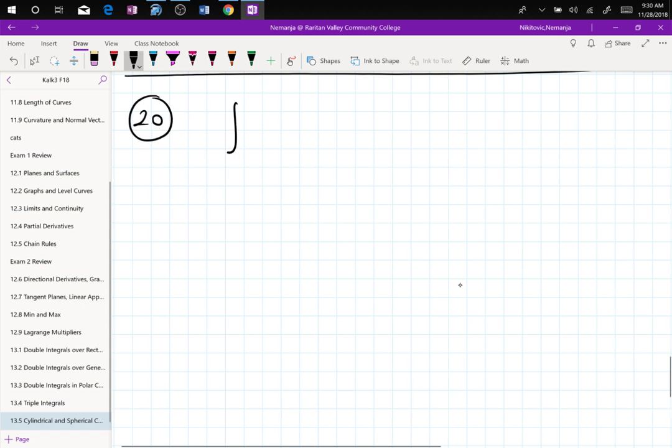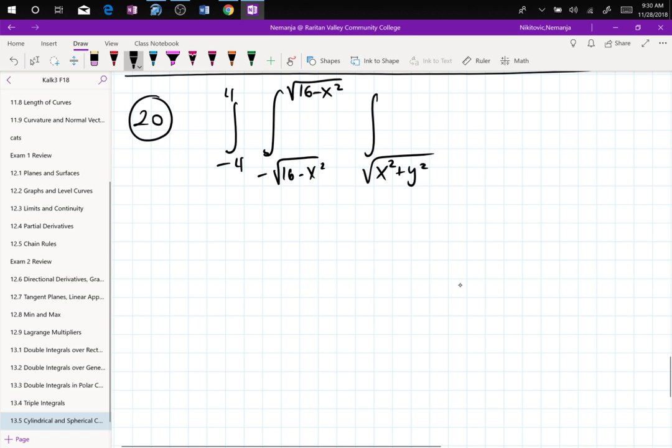The integral from -4 to 4, from negative square root of 16 minus x squared to square root of 16 minus x squared, and then square root of x squared plus y squared to 4, and then there's nothing in it, it's just dz, dy, dx.